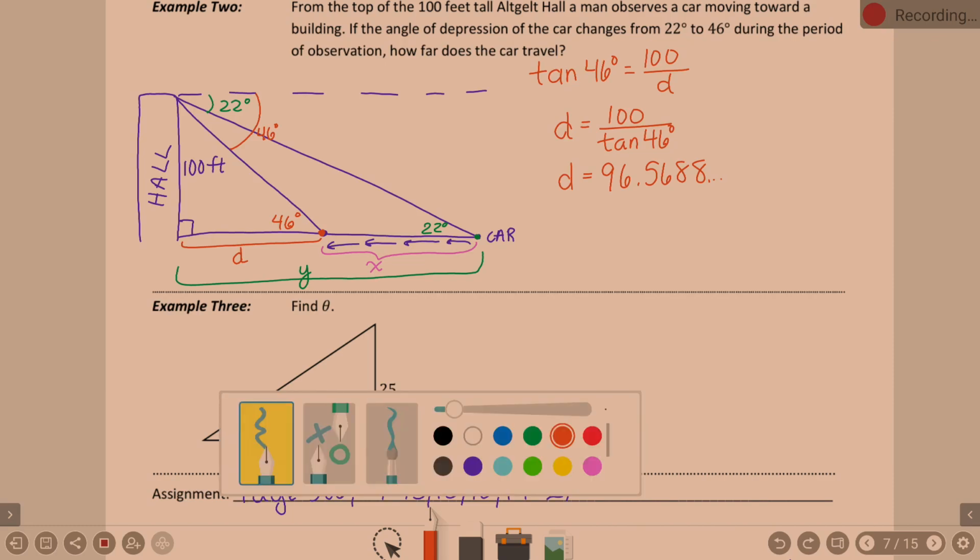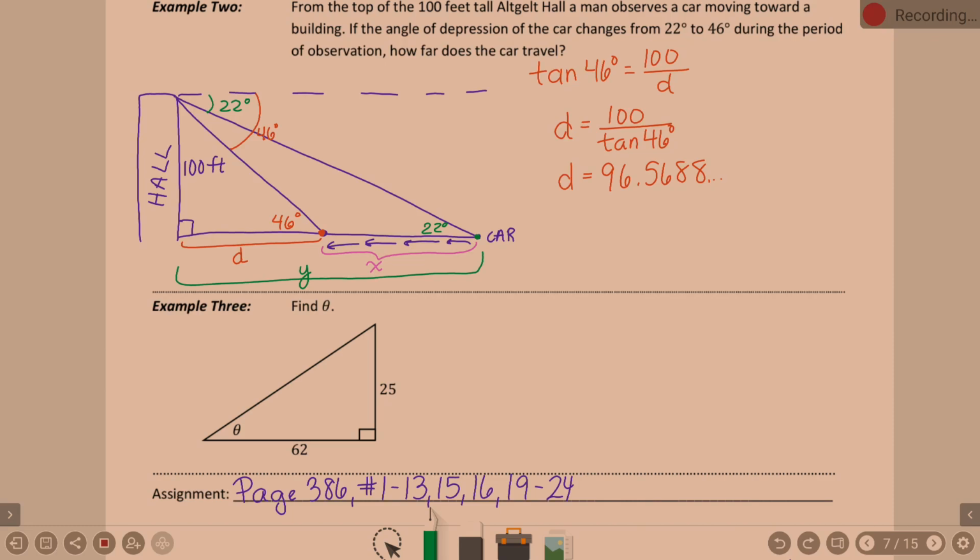Now, let's find Y. Y is the big distance. It's the whole big triangle. We have 22 degrees here. We still know the 100, don't we? And we're trying to find Y. So now I can do the same thing basically, right?